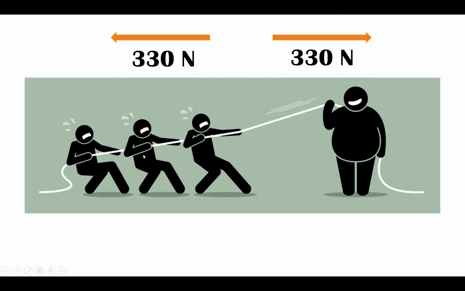There are three people here pulling this rope, and the other one, a heavy one with greater force, pulls the rope to the other side. But even if they vary in number, the forces applied by both teams are both 330 newtons. So is there a balanced or unbalanced force?